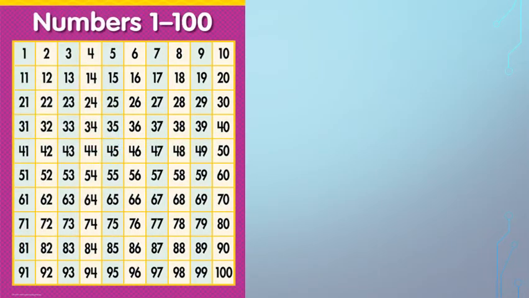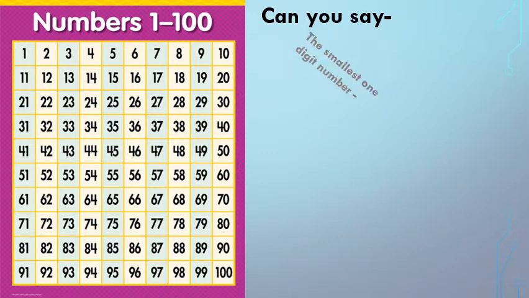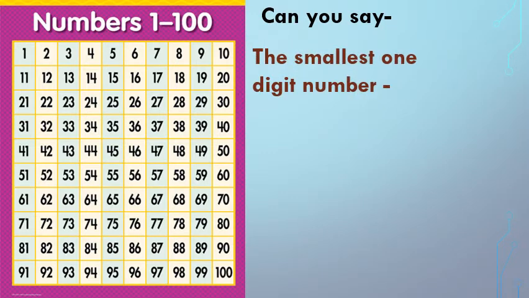Now see this, here also 1 to 100 numbers are there. And here some questions are there. See, first one, the smallest one digit number. See the table. Which is the smallest one digit number? It should be one digit, 1.